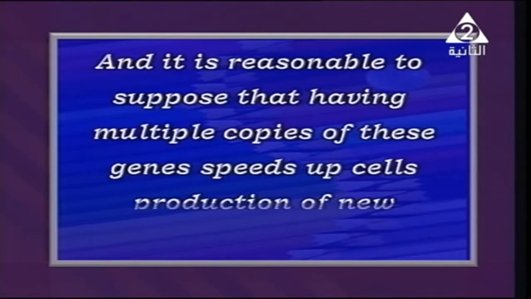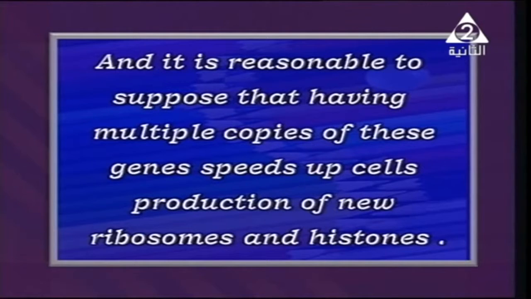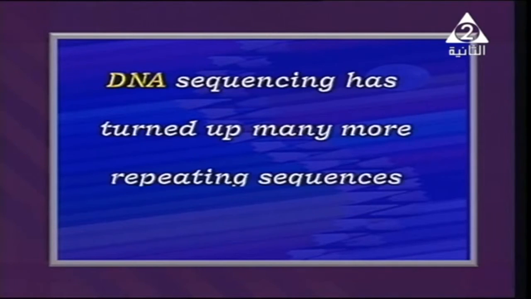It is reasonable, I mean logical, to suppose that having multiple copies of these genes acts as a catalyst to increase the speed of the cell's production of new ribosomes and also histones. This is one of the main functions of the repetitive DNA.